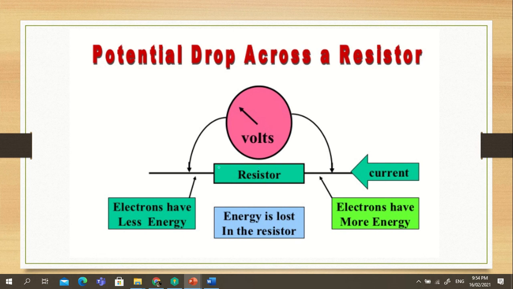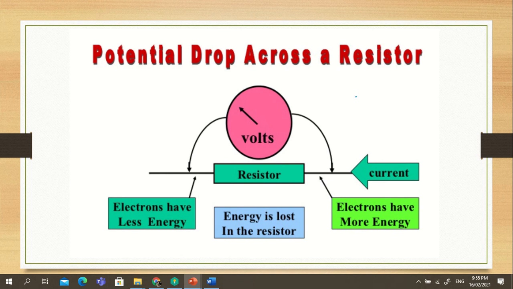Because some of the energy is dissipated in this resistor, dissipated, it means consumed, no? The energy will be consumed because originally the current is very high and there will be opposition to that flow of the current. So the current will become less.